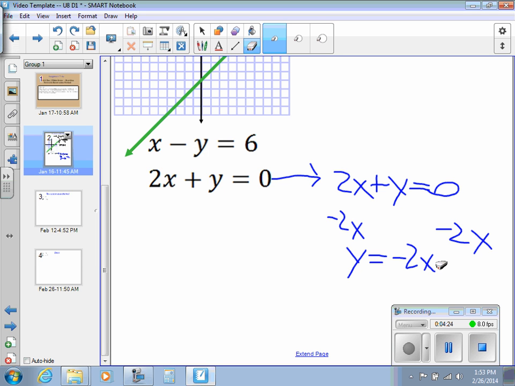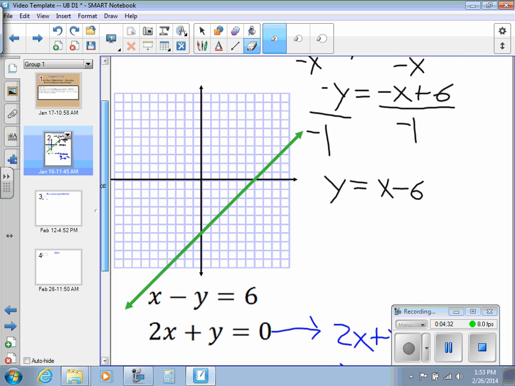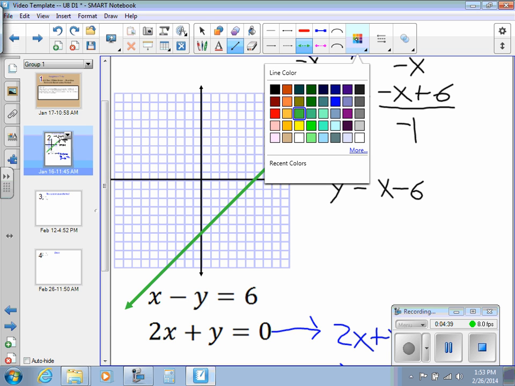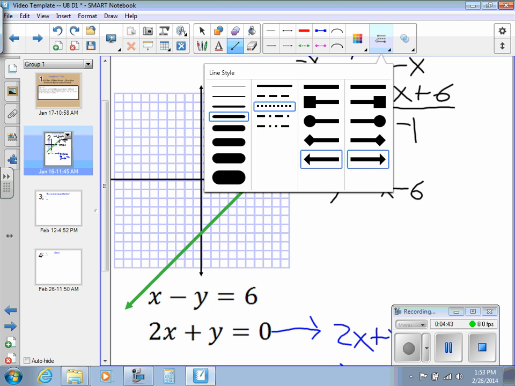Now let me go ahead and graph that. That means a negative 2 for a slope, and it's going to go through 0, 0. So let's graph that line. I'll change to a different color here and make sure I have a solid line. Okay, so now y equals negative 2x.